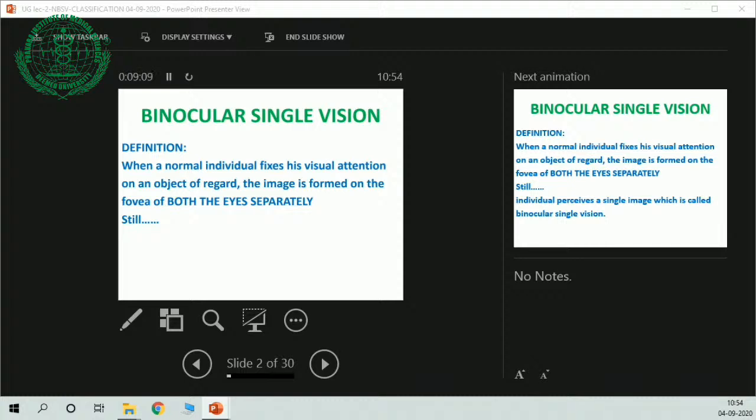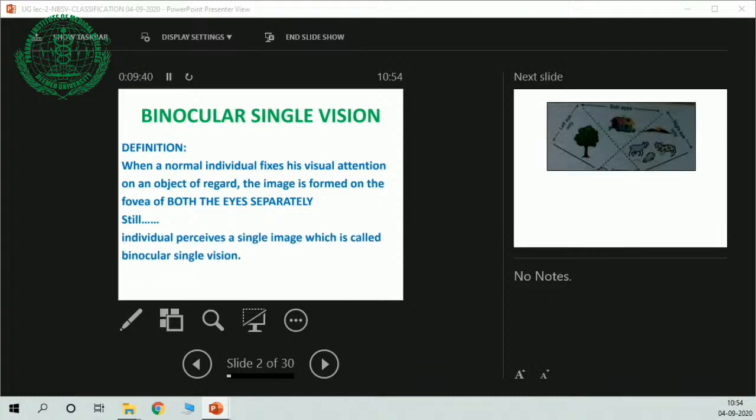Now coming to the definition. These are more difficult words, but if you understand the basic things, it will be very easy to understand this definition. When a normal individual fixes his visual attention on an object of regard, the image is formed on the fovea of both the eyes separately. That's why I have told you that the right side will be more visible in the right eye and the left side more visible from the left eye.